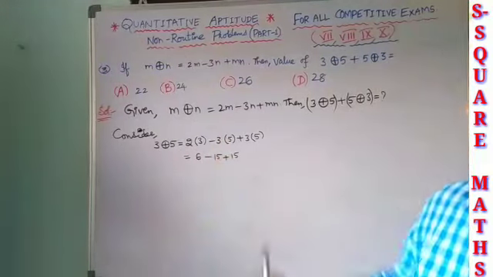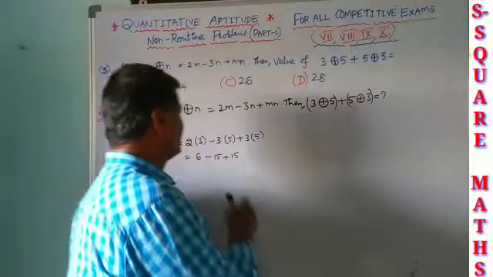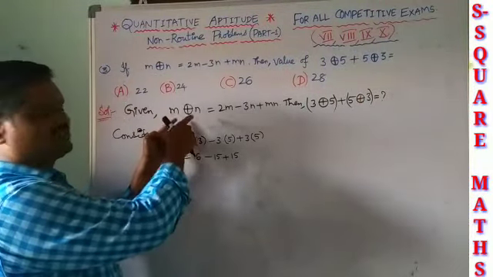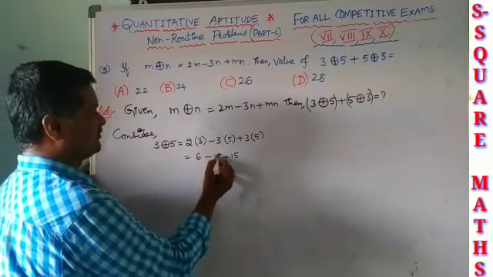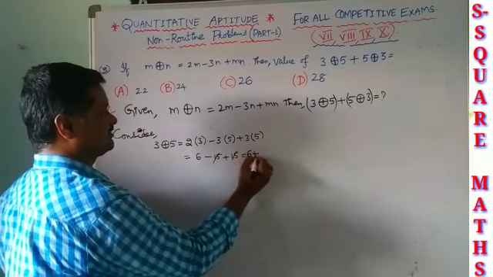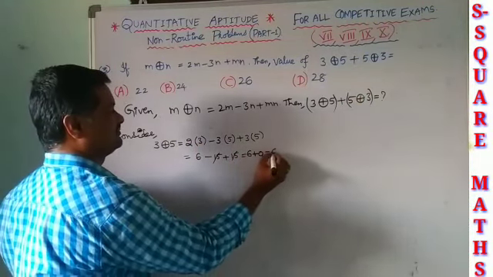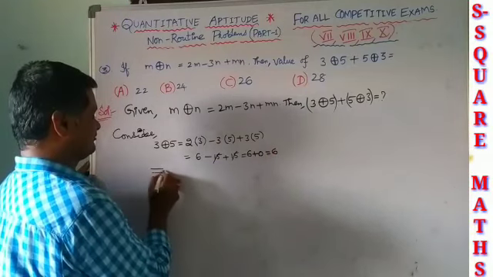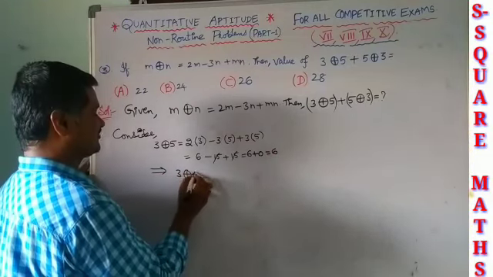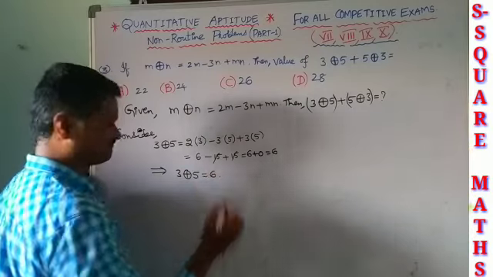So like this, 3 circle plus 5 is defined in the way of m circle plus n. So 15 minus 15 is 0, 6 plus 0 is 6. This implies 3 circle plus 5 is equal to 6.